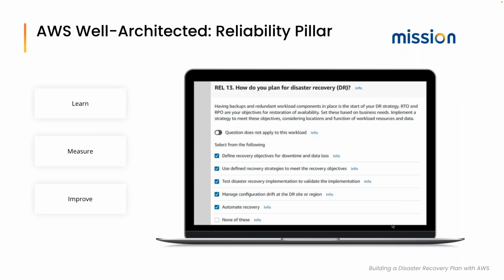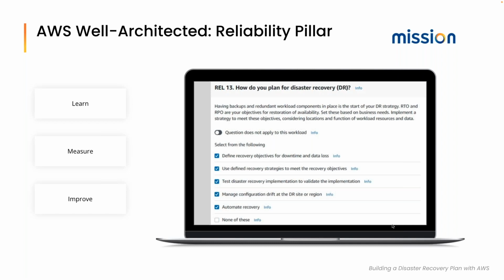Okay, so before I hand it over to Josefa, I want to talk a little bit about the Well-Architected pillars. AWS has a framework called Well-Architected, which helps cloud architects build secure, high-performing, resilient, and scalable applications. It is built around 6 different pillars, which are operational excellence, security, reliability, performance efficiency, cost optimization, and sustainability.